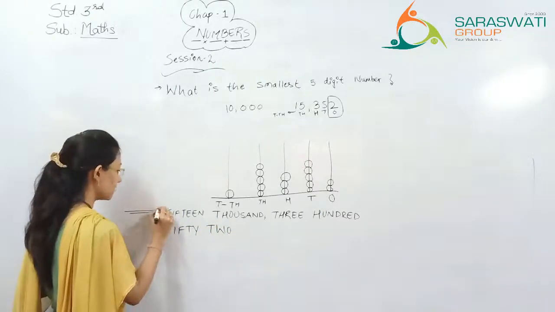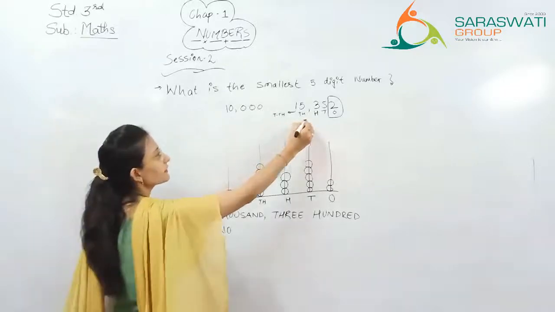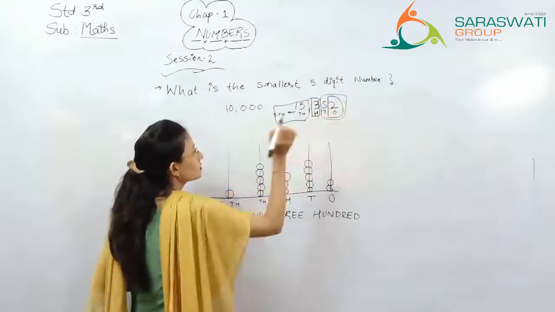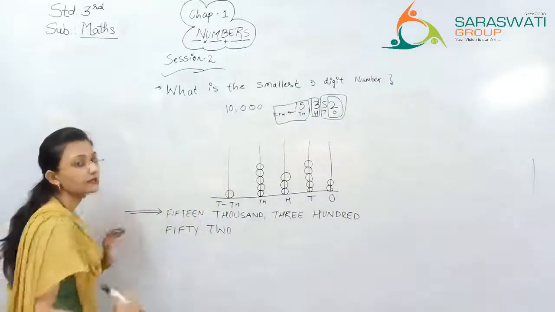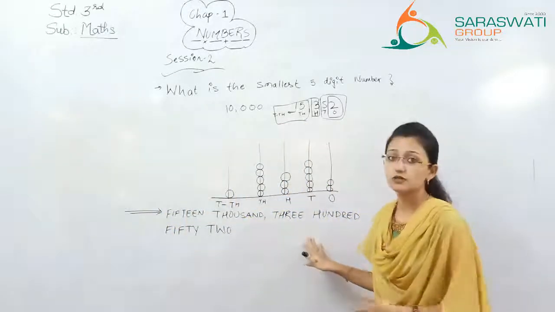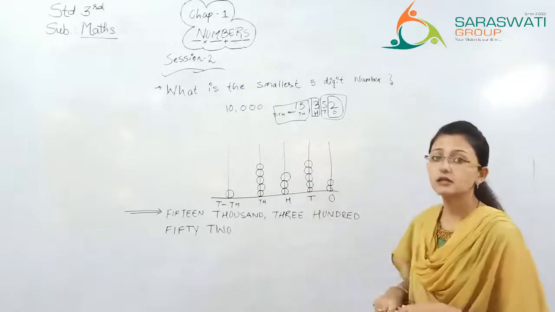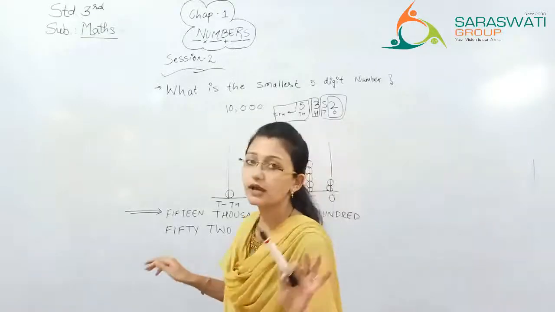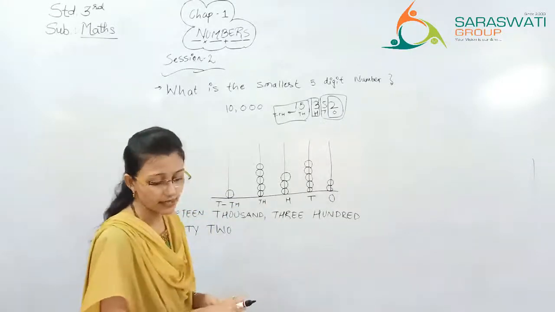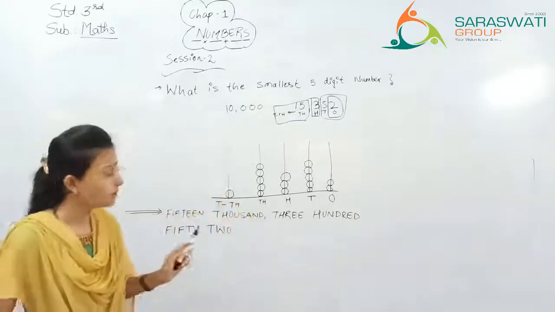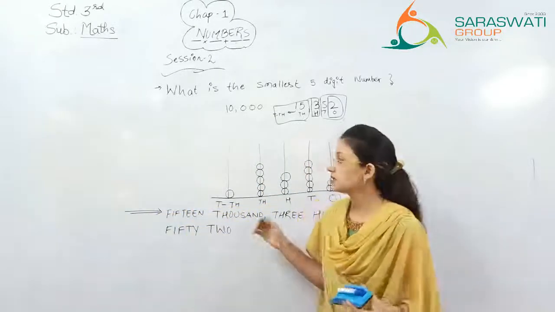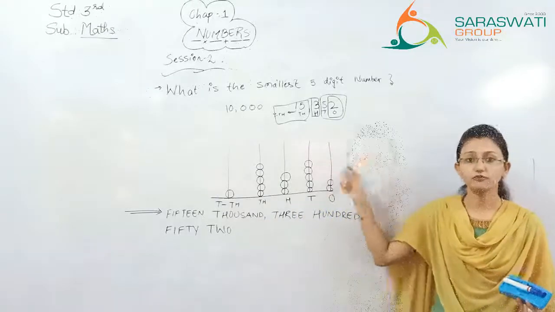So students, you have to write like this, 15,352. We will write it like this in words. You have to write this in your classwork book so that you can remember all these things and start the next session.